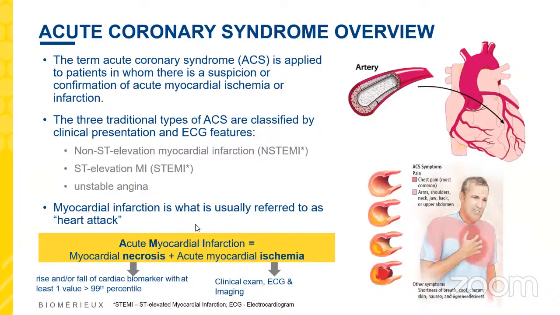Myocardial infarction, as I mentioned, usually we refer to this as heart attack, but it's basically a combination of either ischemia, where there's reduced blood flow to a part of the heart, or necrosis, where the reduced blood flow has actually led to cell death in that part of the heart. So you have the vessels of the heart. If you have a blockage there, it causes reduced blood flow to a section of the heart, or a complete blockage of blood flow, and then it leads to cell death in that part of the heart.